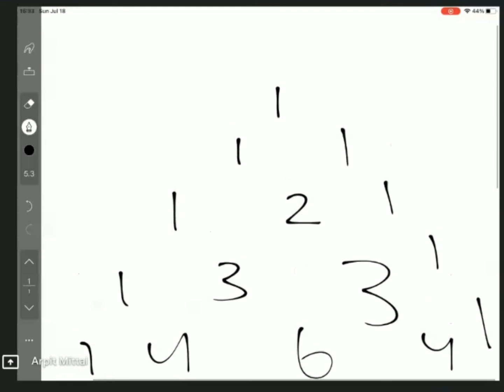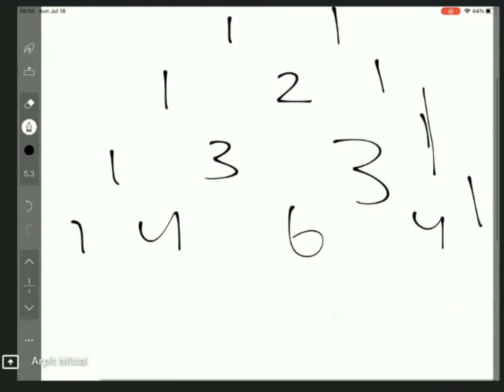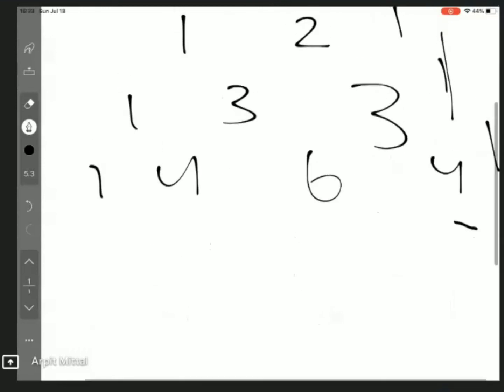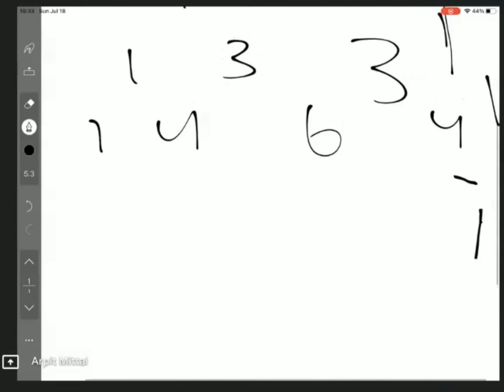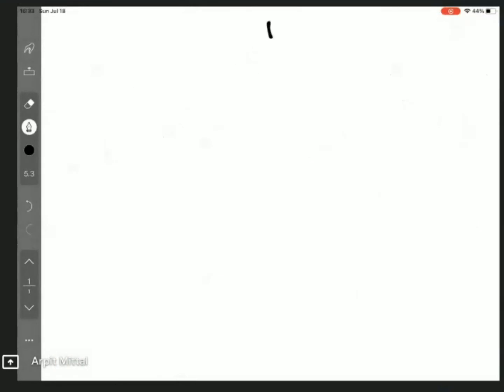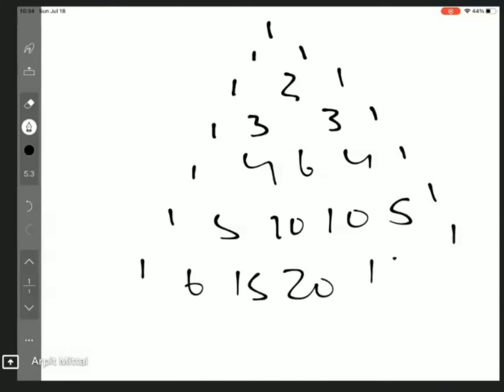Let's draw a bigger Pascal's triangle. 2, 3, 3, 4, 6, 4, 5, 10, 10, 5, 6, 15, 20, 15.